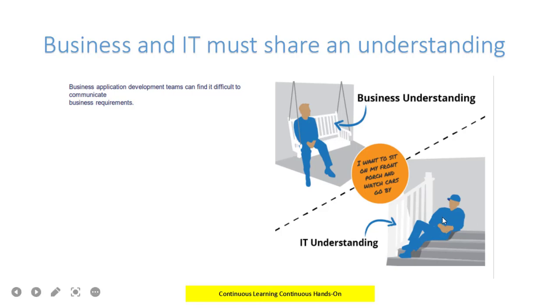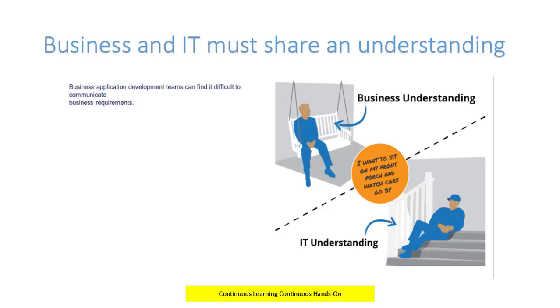Now what IT understands: both are watching the cars, the business is watching and IT is developing the code while watching the cars, but the way of understanding is different. Here the business is analyzing in a very complex way.